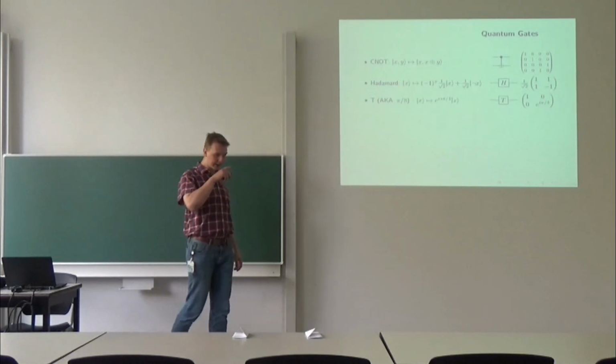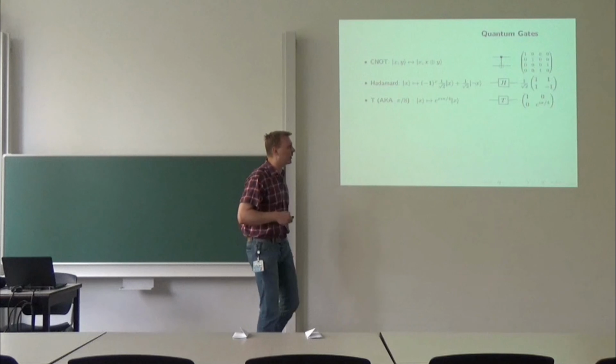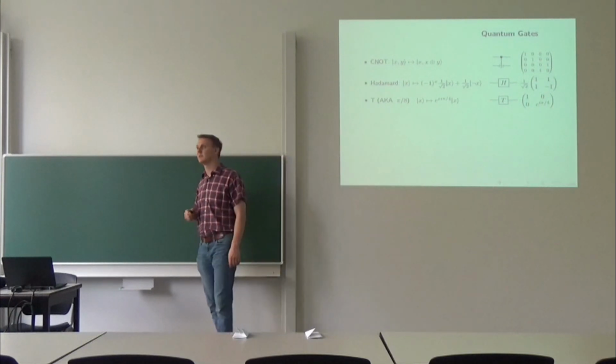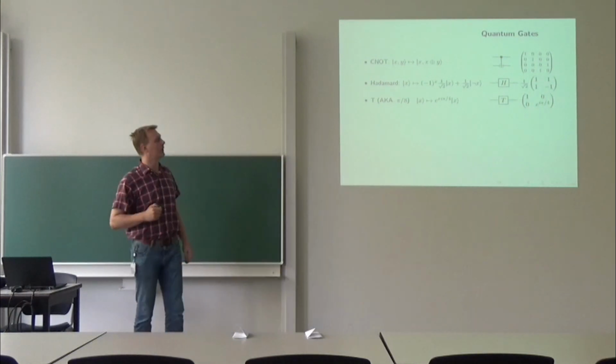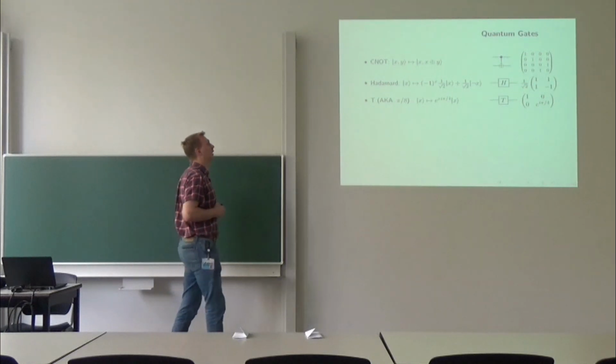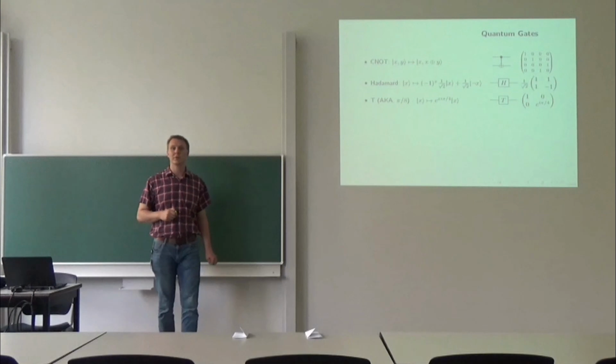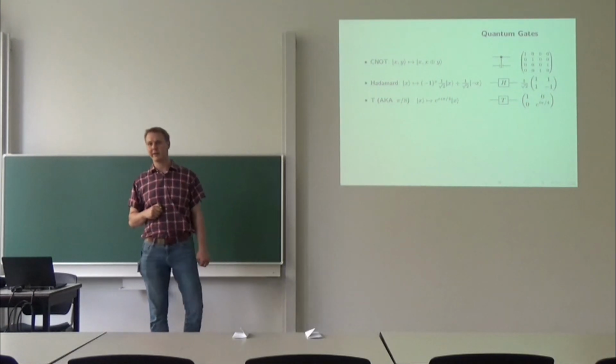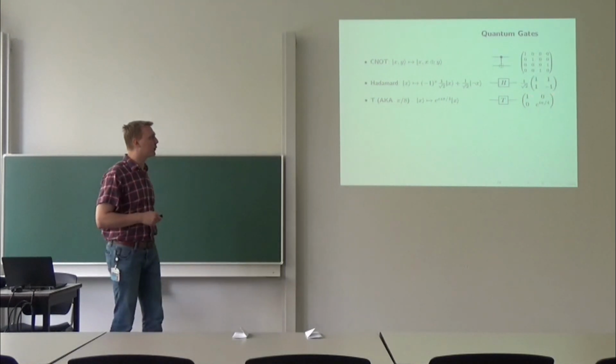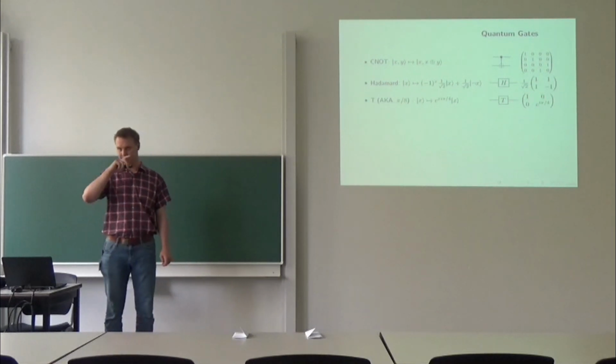Then there's the T gate, which really applies a phase shift if the qubit is set. You may be wondering, this is also called the pi over 8 gate, so why is there a pi over 4 in the matrix description?